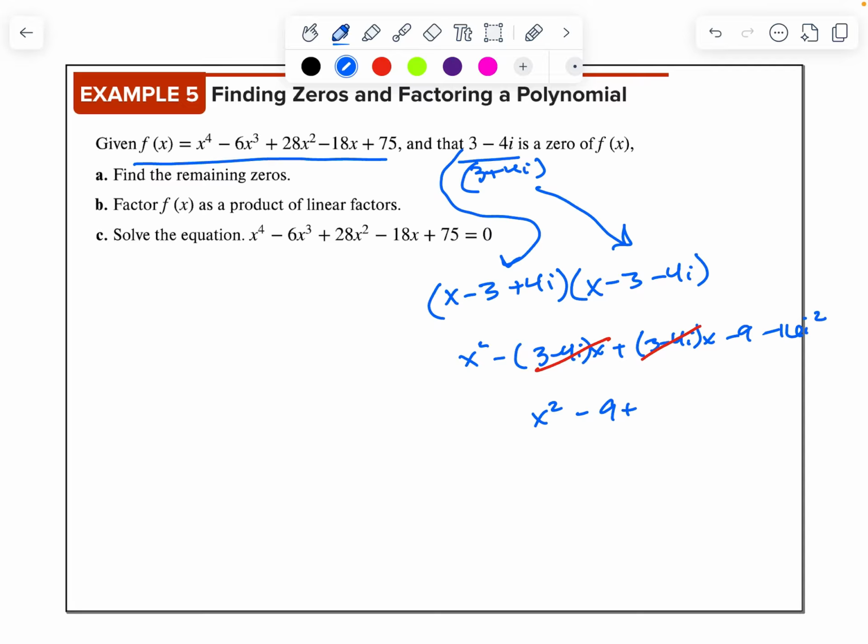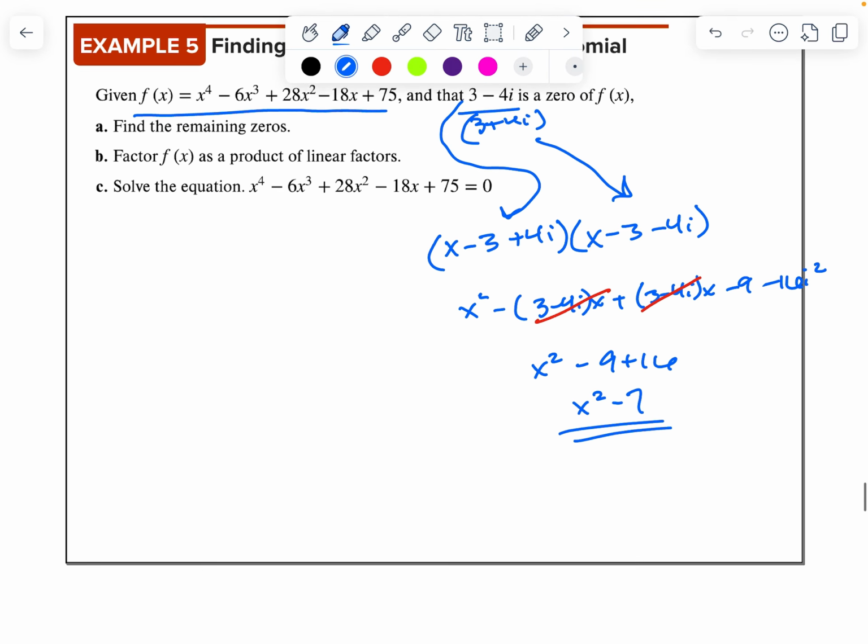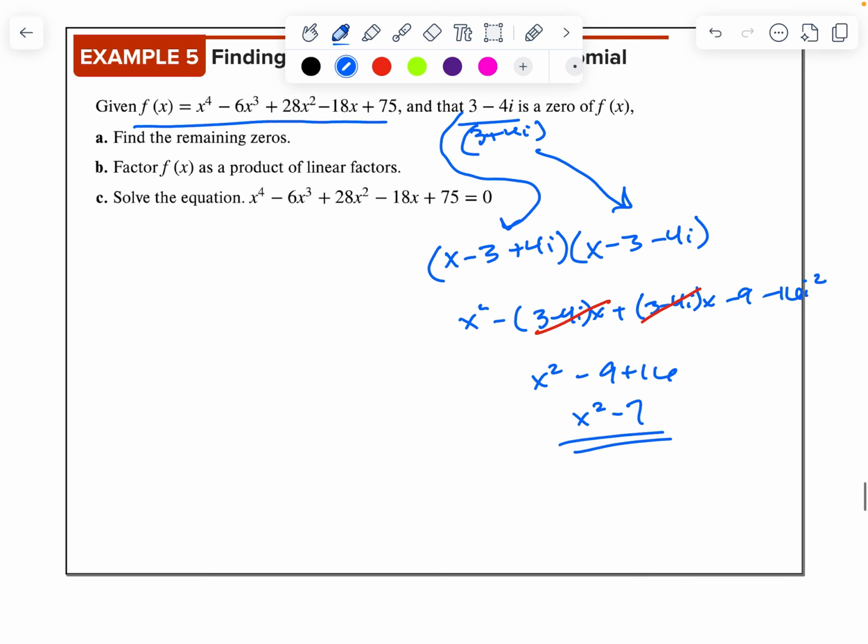And we'd have x squared minus 9 plus 16, which would be x squared minus, let's see, 7. So x squared minus 7 is one of the factors. What we can do is use long division here and say x squared minus 7. We know it should divide x to the 4th minus 6x to the 3rd plus 28x squared minus 18x plus 75.